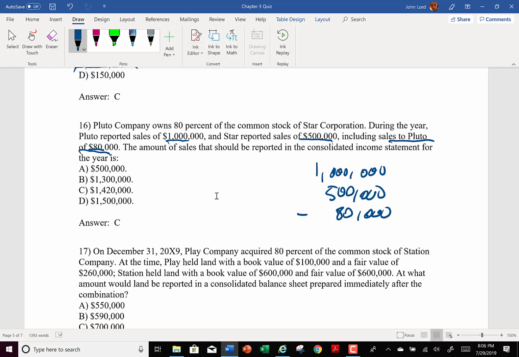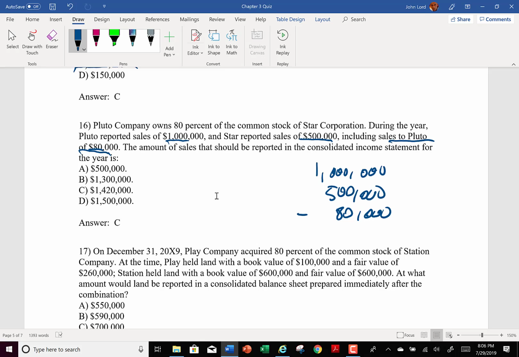Don't forget, guys, I'm going to adjust for the difference, the 20%, as a subtract from the total net income number, right? But I have to eliminate intercompany because I can't generate a sale to myself, right? Unless I'm Enron. I have to back out that 80,000 intercompany sale.